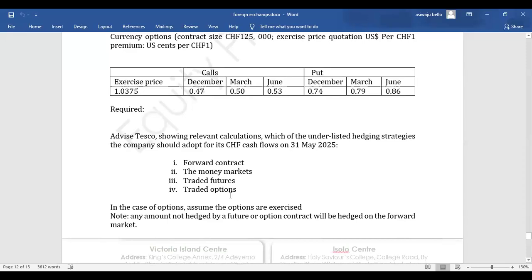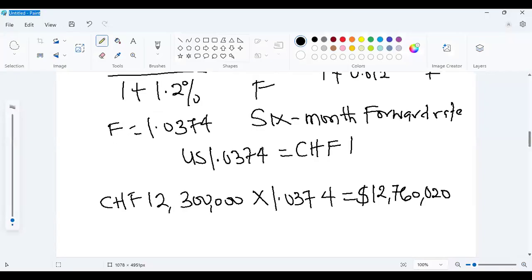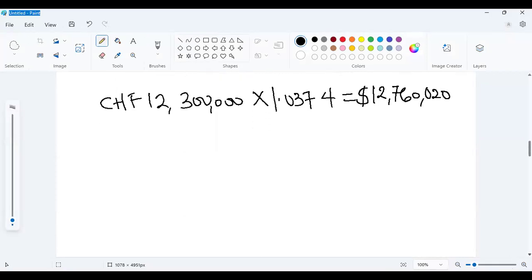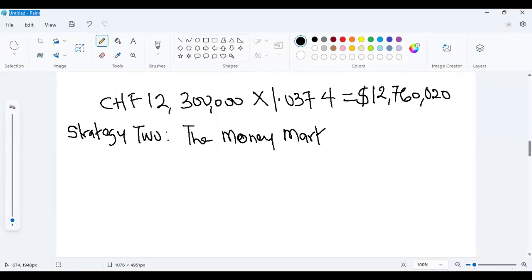Strategy 2, the money market hedge. Let's go to this money market hedge. If you are hedging with money markets, it is better to approach your hedging using steps.